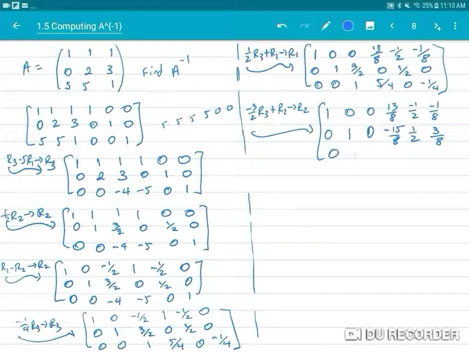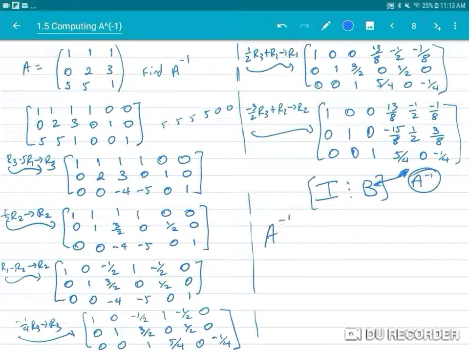And 0, 0, 1, 5/4, 0, minus 1/4. So we can see that I have the identity and a matrix B, which is going to be presumably A inverse.